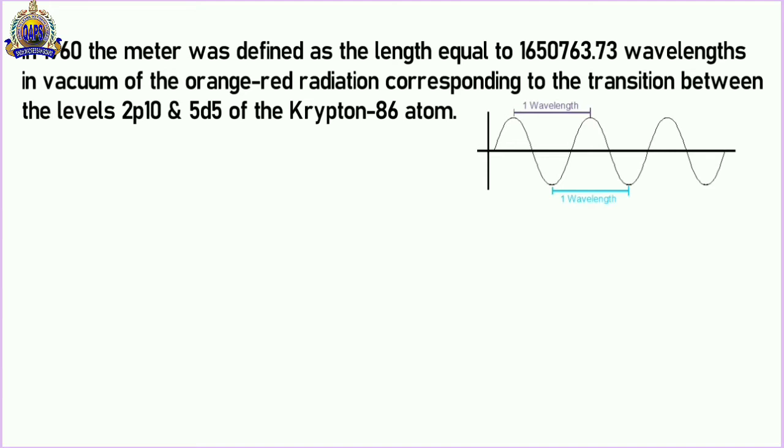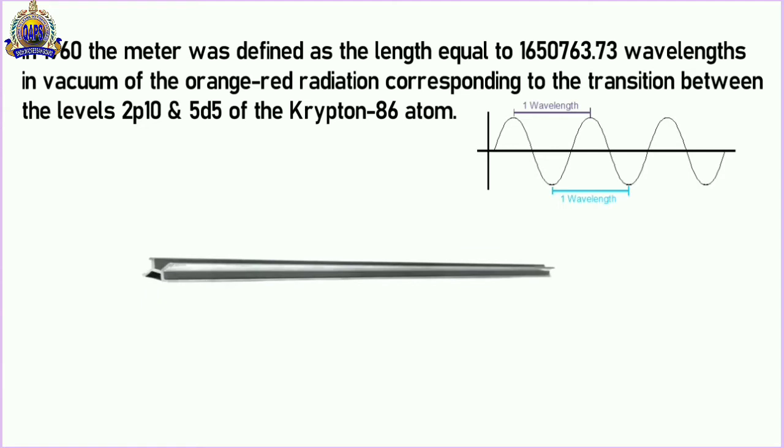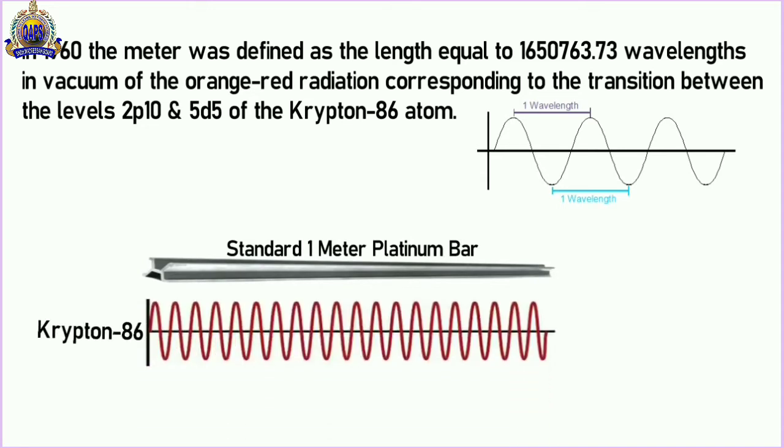Wavelength is the distance between 2 points, either the 2 upper points or the 2 lower points. It is represented by lambda, and you will study it further. So keep in your mind that the standard 1 meter platinum bar was kept the same, but it was seen how many wavelengths of the krypton would cover the length of this 1 meter platinum bar.